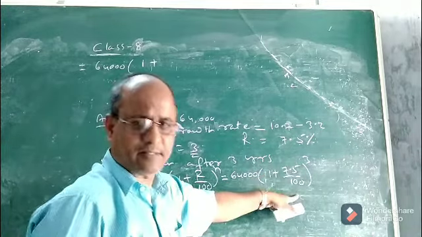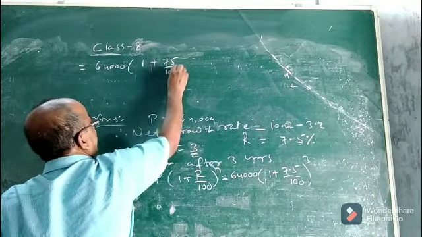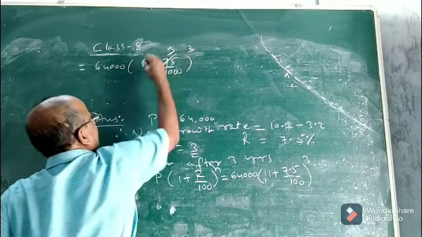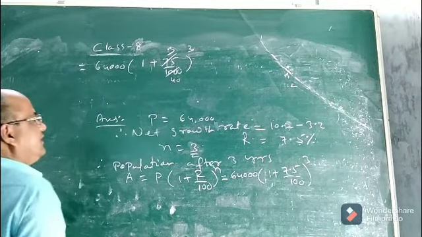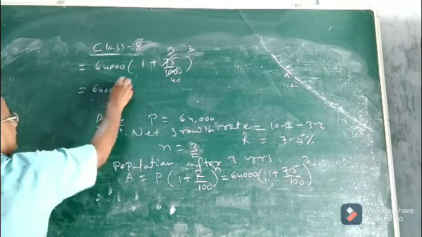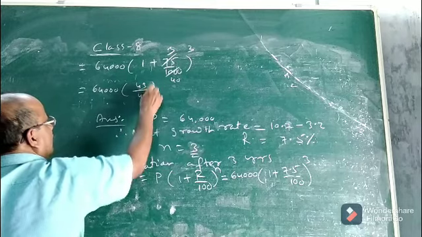It will be 75 by 1000. So this will be 75 by 1000 in fraction, whole to the power 3. Now you cancel it: 75 by 1000 becomes 3 by 40. Now you take the LCM: 64,000 into (40 plus 3) by 40, it will be 43 by 40 whole cube.